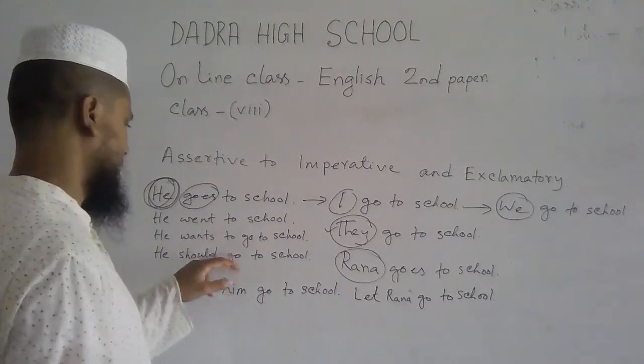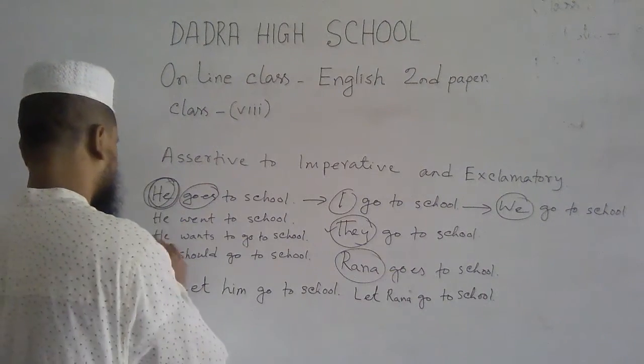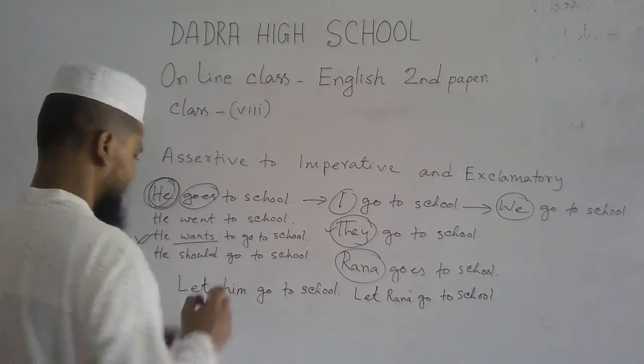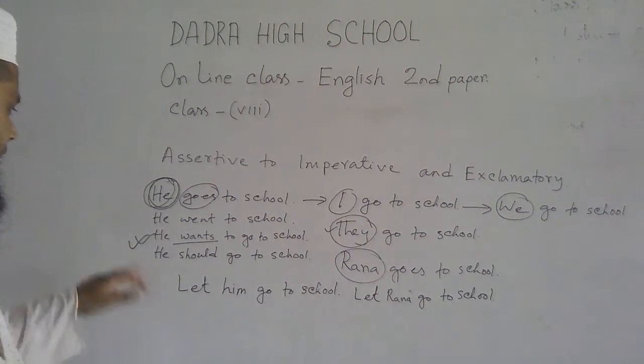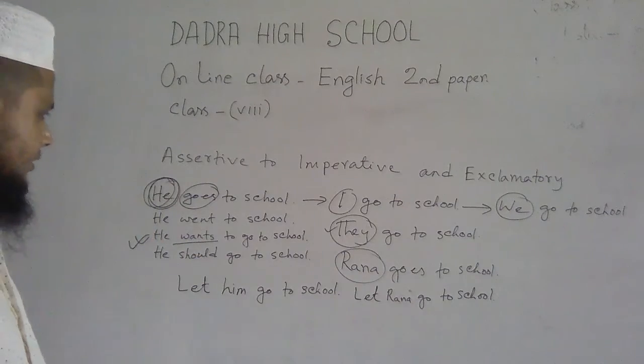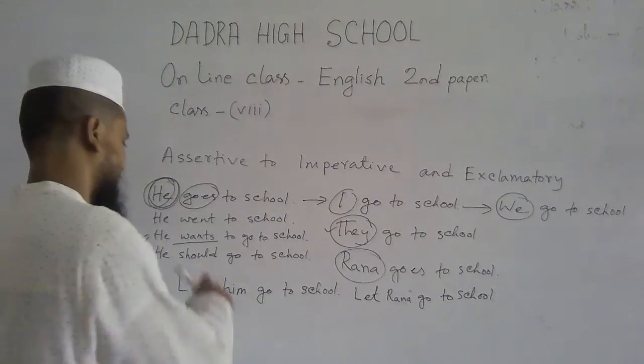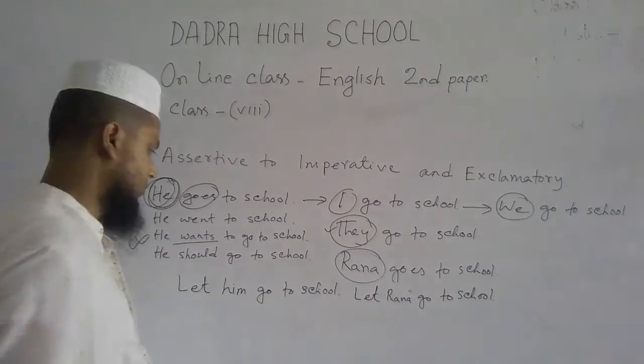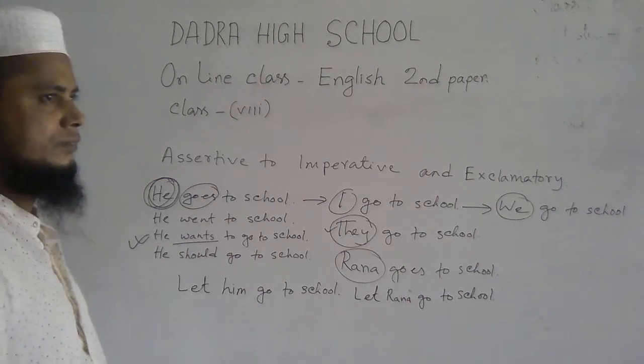He wants to go to school. This is another example, and in this sentence you can see there are two verbs, wants and go.